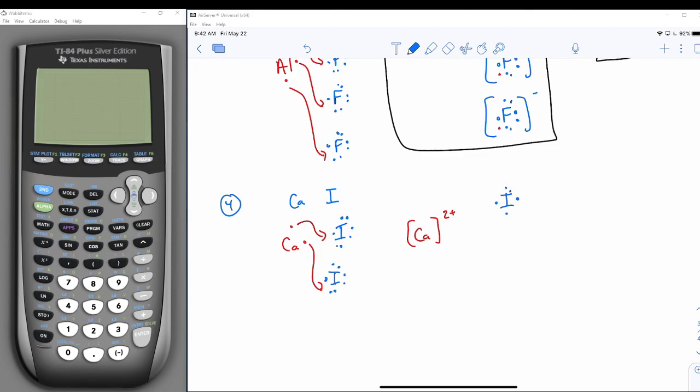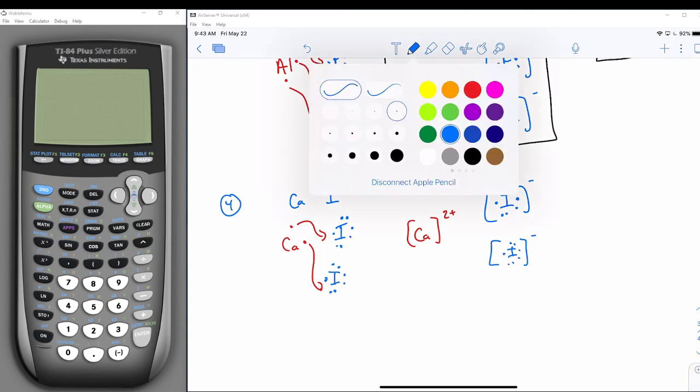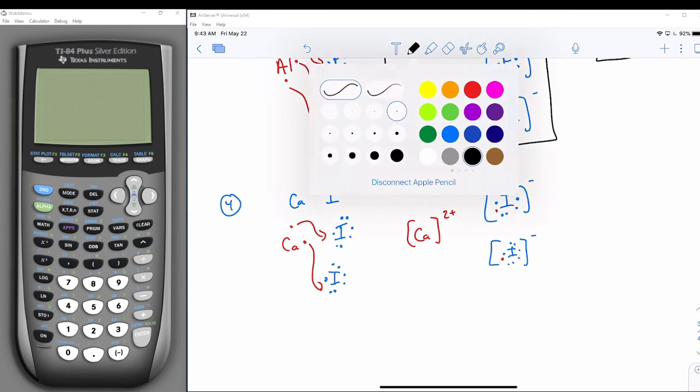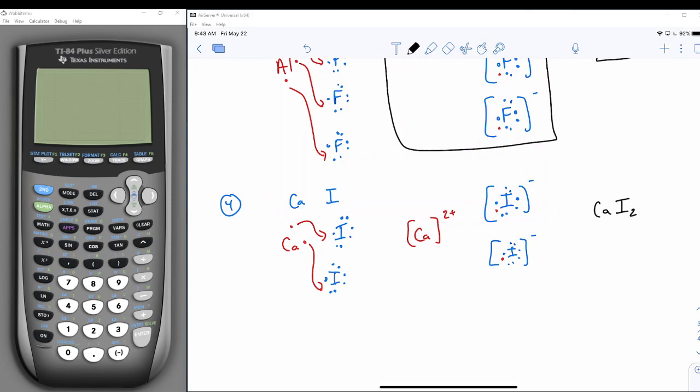And we didn't end up doing one where you need more than one metal, but it is possible to need more than one metal as well. To get the formula, CaI2. Okay.